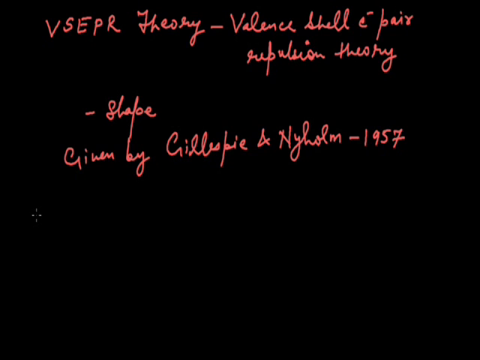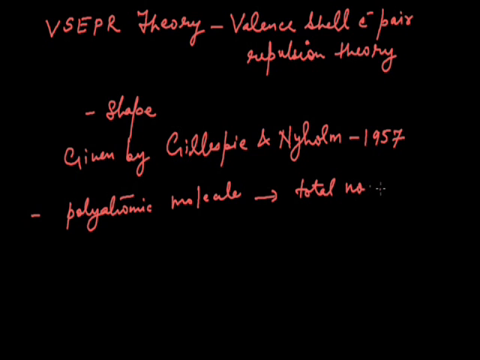This theory is basically based upon the concept that in a polyatomic molecule, the direction of bonds around the central atom depends on the total number of electron pairs. As we know, in a molecule, two types of electron pairs could be there: the bonding electron pair and the non-bonding electron pair.